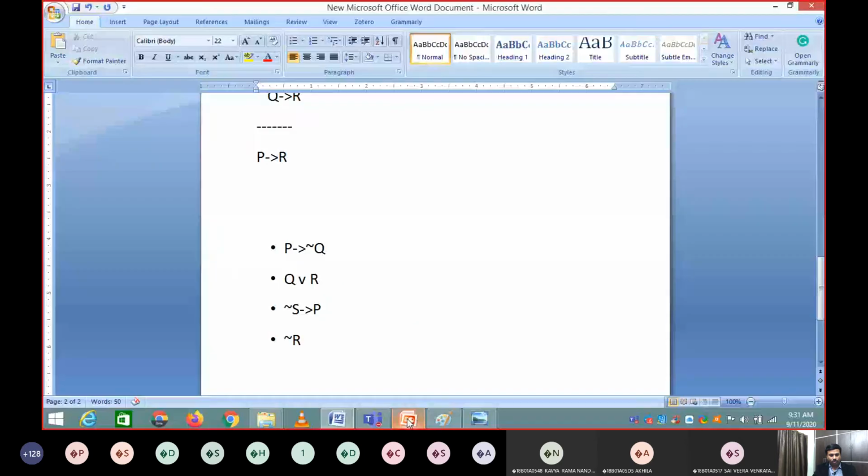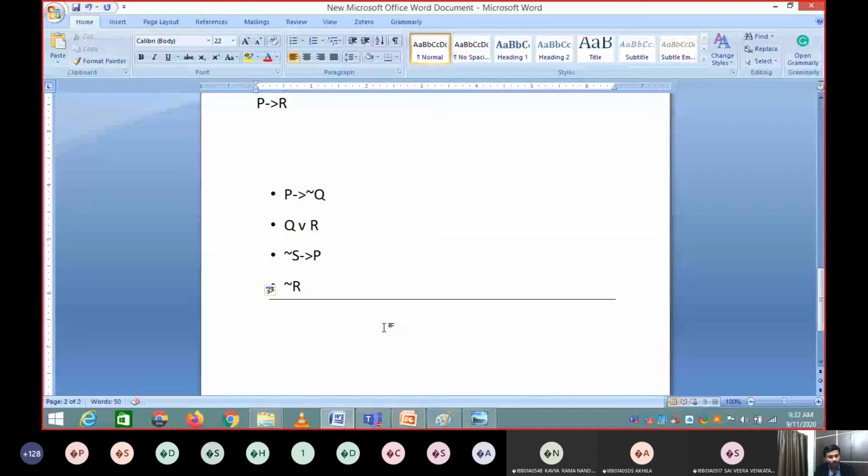Four statements are given and you are asked to get a value called S. Can you infer S from the four statements or not? So how can I start this? What are the statements?